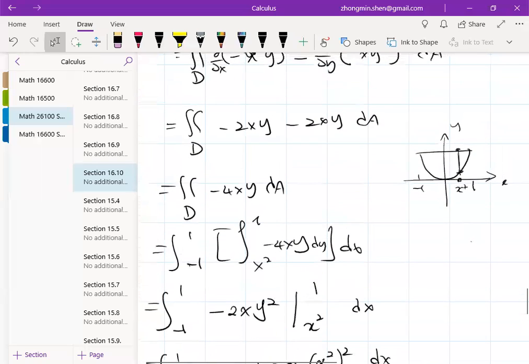You see, negative 4xy. Look at this. The domain is symmetric about the y-axis, and for fixed y, x changes signs on both sides. So that's why the negative part and the positive part cancel out. So it's going to be 0.